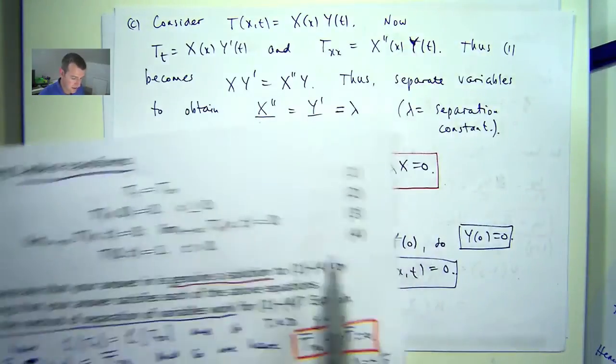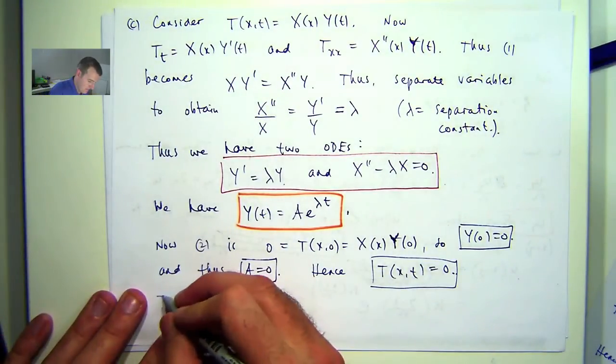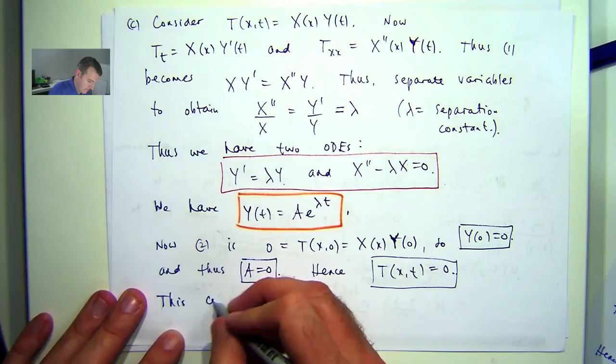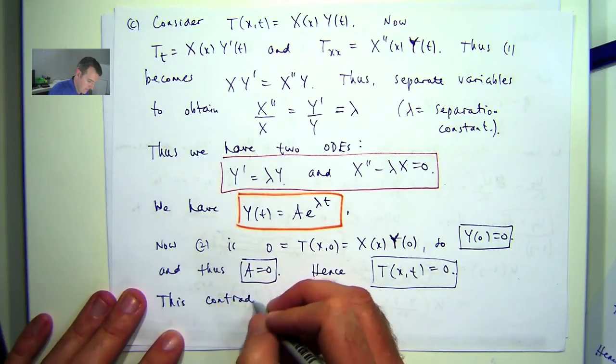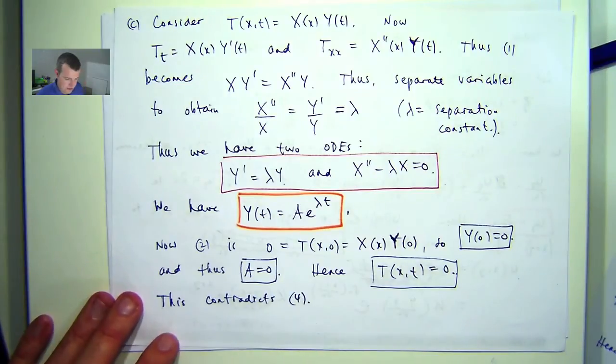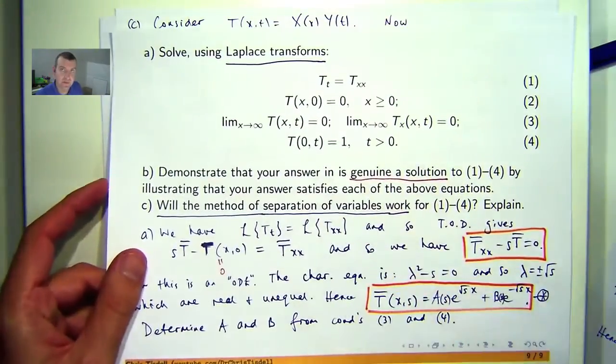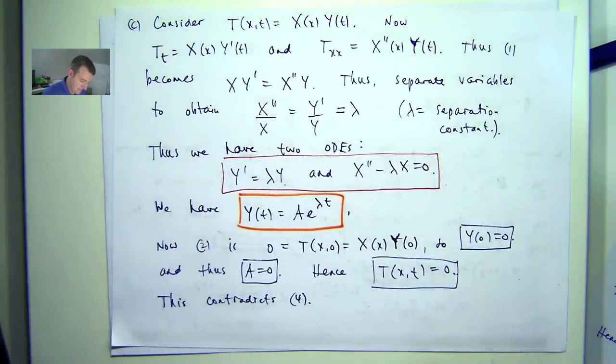So this and 4 are incompatible. Okay, so what do we conclude then? We conclude that the method of separation of variables will not work for this problem.